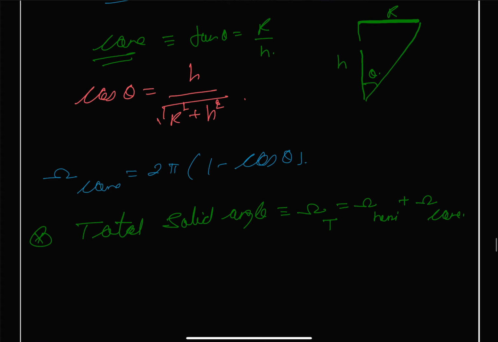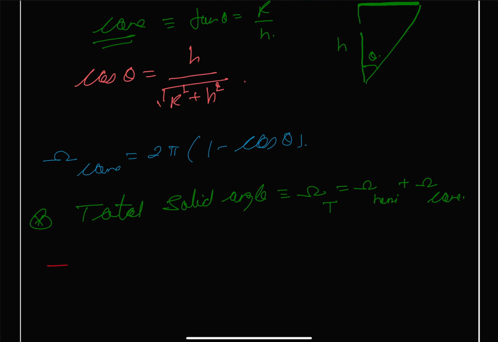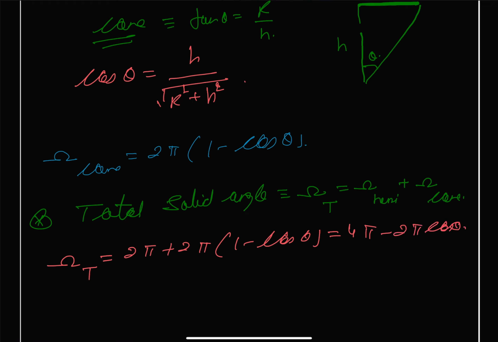So we substitute, we get the total solid angle will be equal to 2 pi plus 2 pi times 1 minus cos of theta, which gives us 4 pi minus 2 pi times cos of theta. But we can say that the surface must fully enclose the charge, so the total solid angle must be 4 pi.